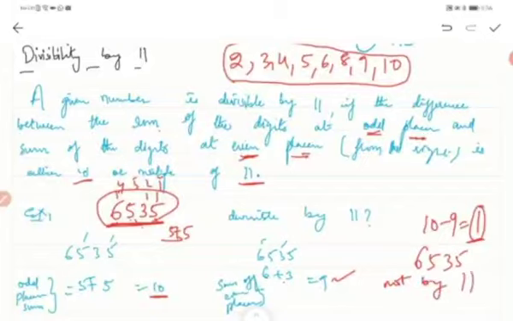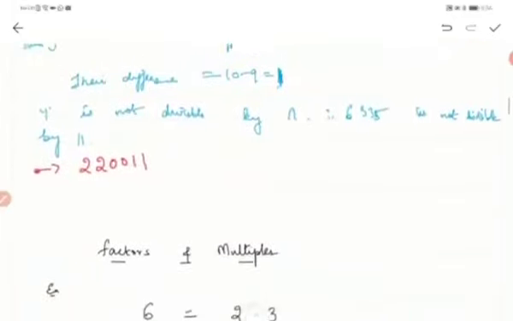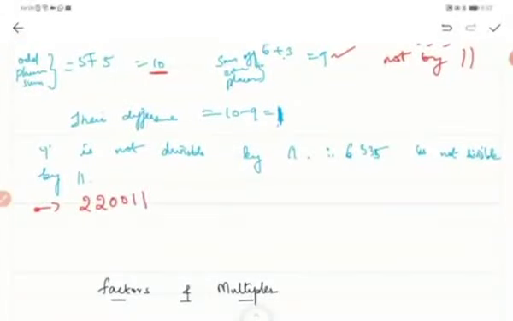Understood? Let me take one more example. So what is the rule? I'll take this number, 220011. It's a big number. Let's check whether this is divisible by 11 or not. So how will you do it? You will first add the digits at the odd places.